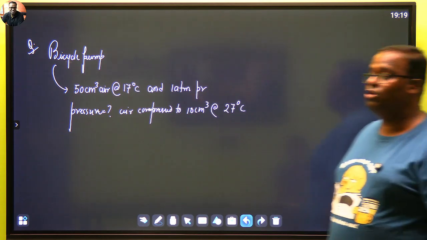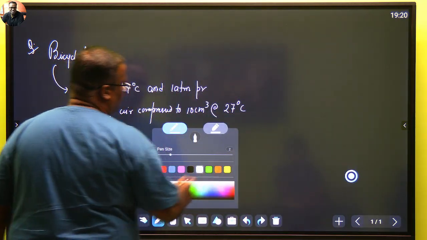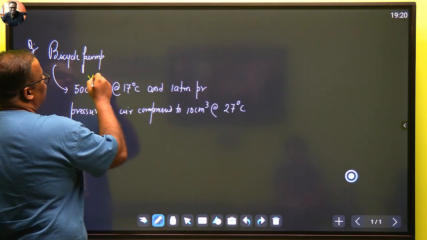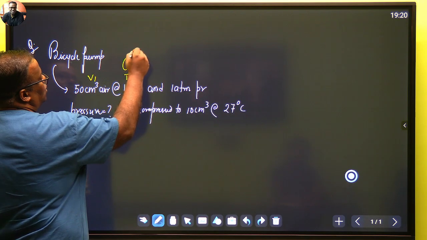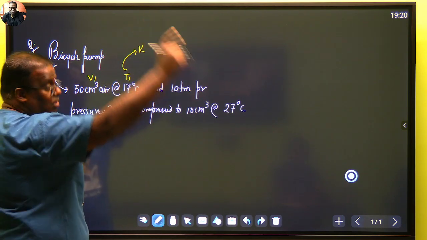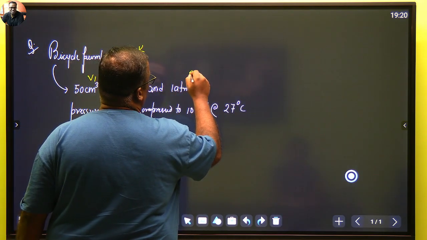Yeah, you will have to use, now see how many parameters are given. If I take this parameter as volume V1, this happened at a temperature T1. Obviously T1 should be reported in Kelvin, mind you. अभी ये centigrade में गलत हो जाएगा नहीं तो. And during this time the pressure was P1.